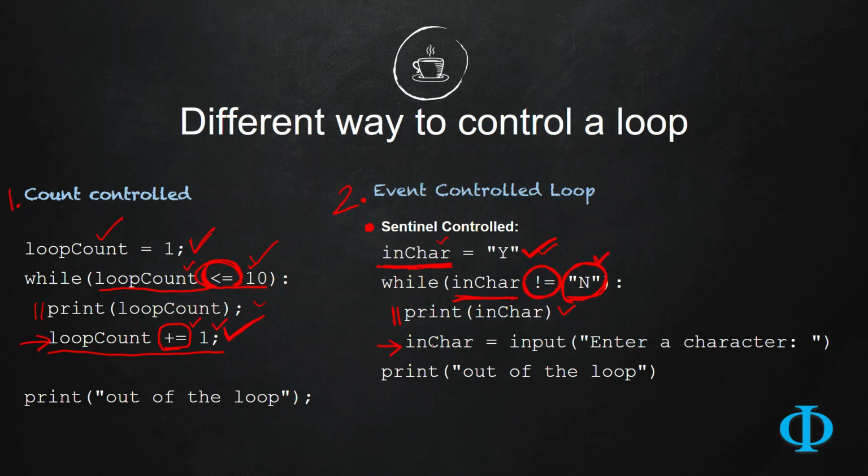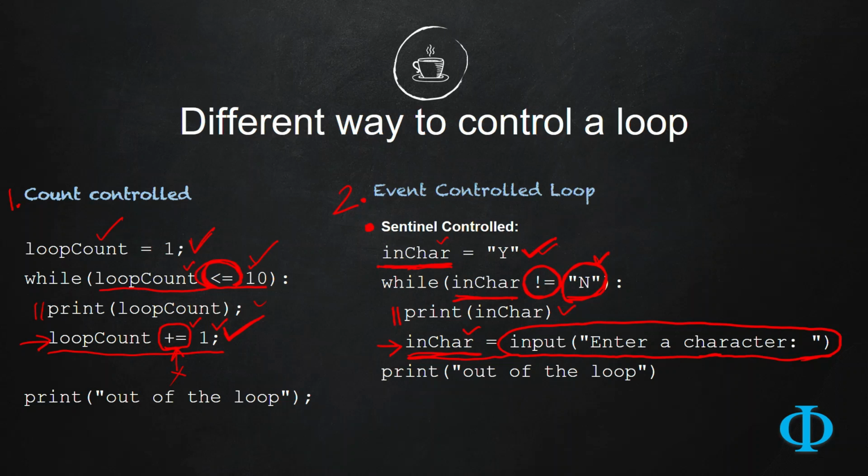So if you look at this line here, instead of doing any type of arithmetic operation in this modification part, it is basically asking the user to enter some kind of input for the inchar variable. So here inchar is not being modified utilizing some arithmetic operation.